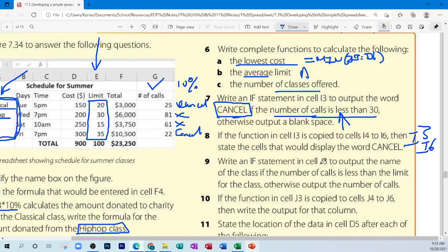Question number 9. Write an if statement in cell J3 to output the name of the class if the number of calls is less than the limit for the class. Otherwise, output the number of calls. Robert?